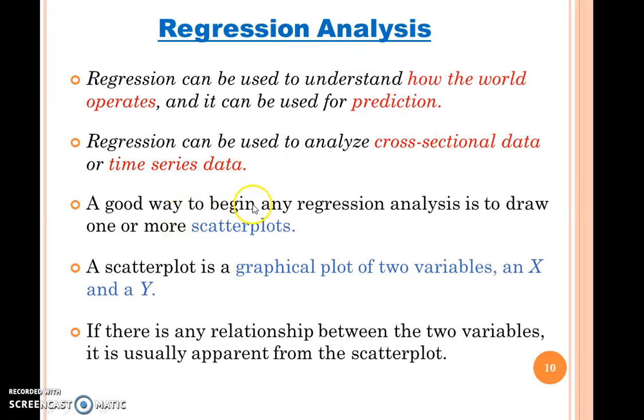A good way to begin any regression analysis is to draw one or more scatter plots. First, we draw the scatter plot, then we find the regression analysis. The scatter plot is a graphical plot of two variables on x and y. If there is any relationship between the two variables, it is usually apparent from the scatter plot.